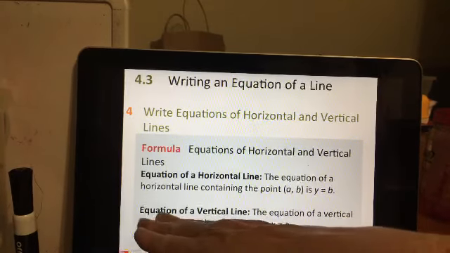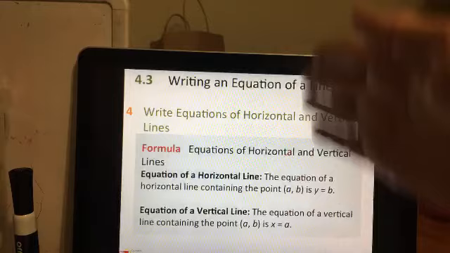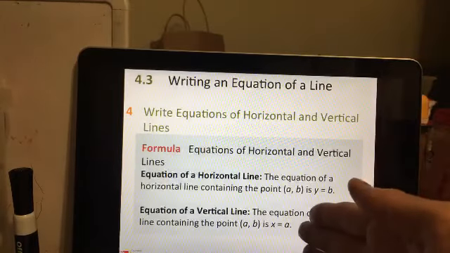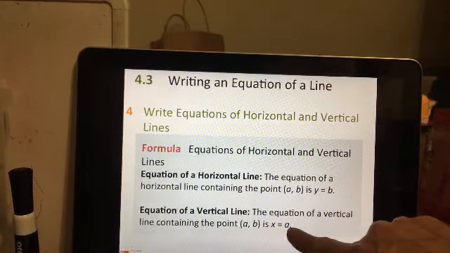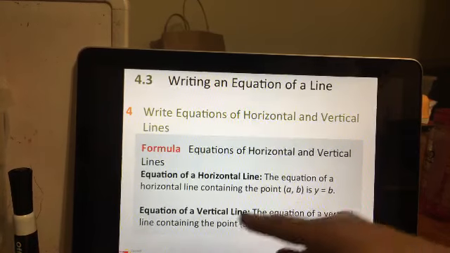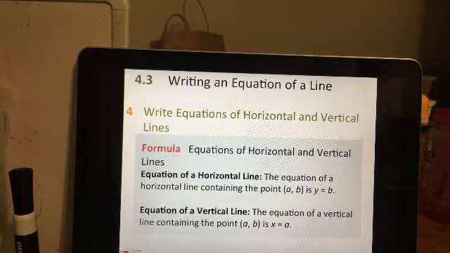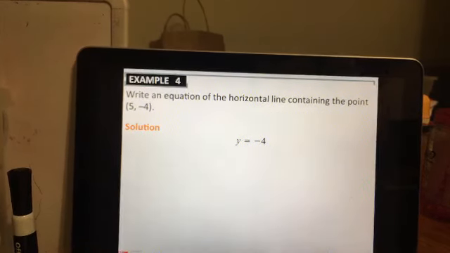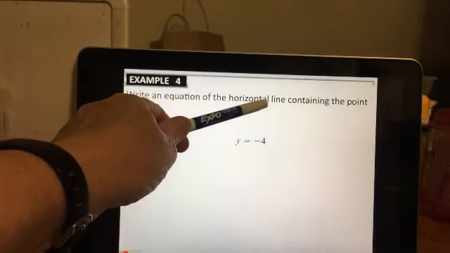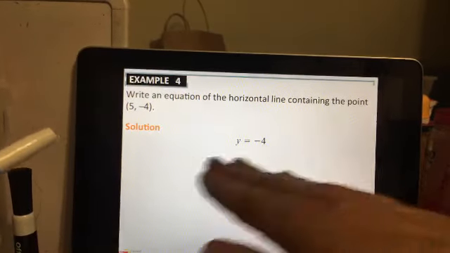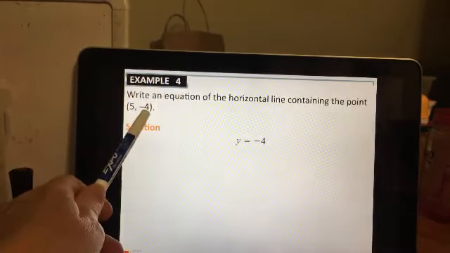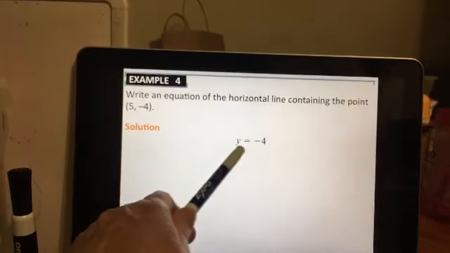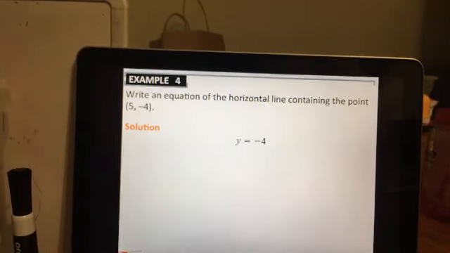And if we want the equation of a vertical line, then all the x's are the same, so x equals a. It just depends on whether it's an x line or a y line. Here we have a horizontal line. A horizontal line is a y line, so we pick the y value of the point and stick it over here. Y is equal to -4 is the equation of the line.